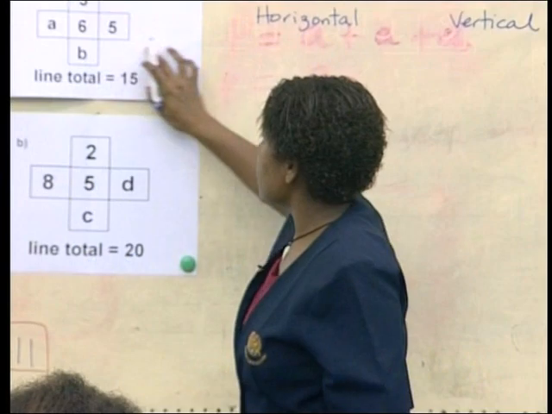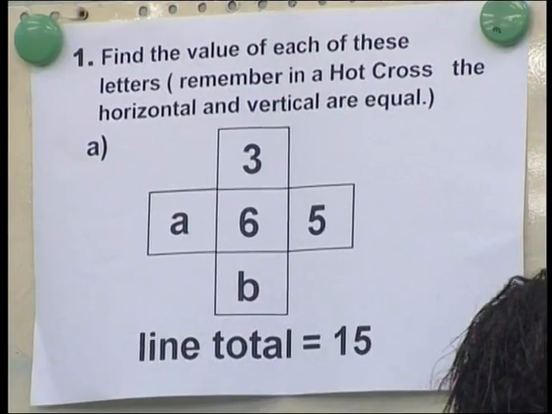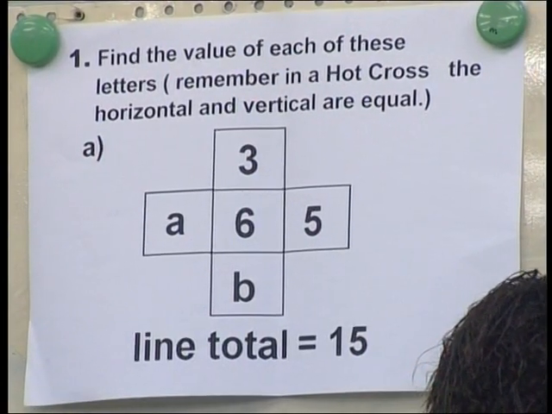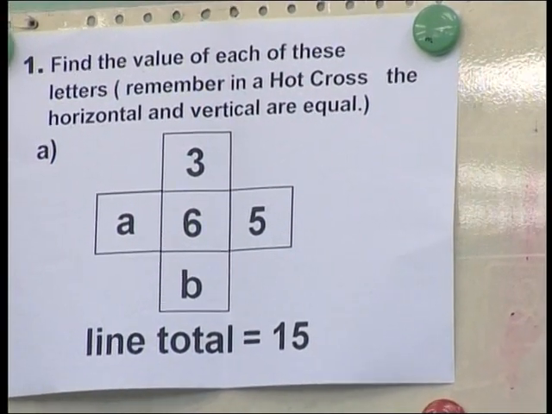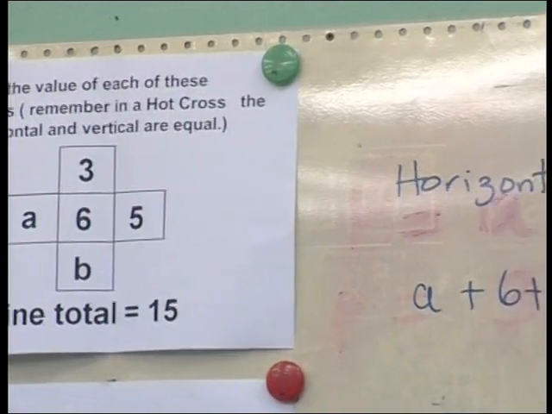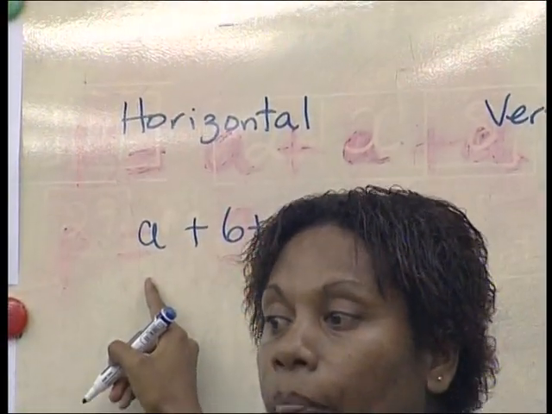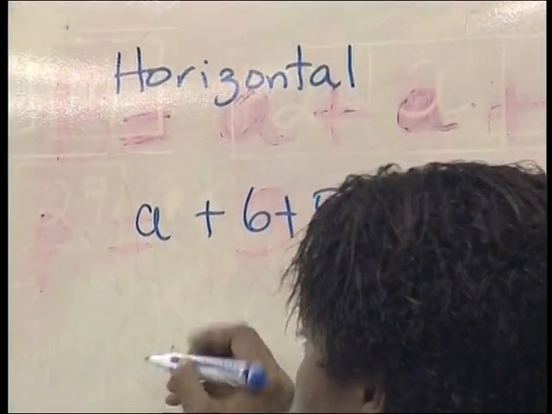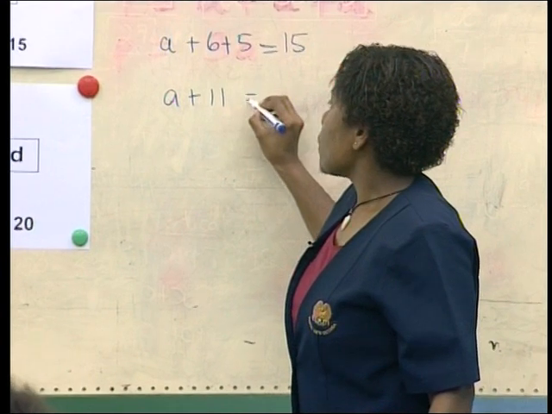An equation which is A plus 6 plus 5 is equal to 15. Okay, A plus 6 plus 5 is equal to 15. What's the next step? Okay, A plus 11, which is equal to 15.